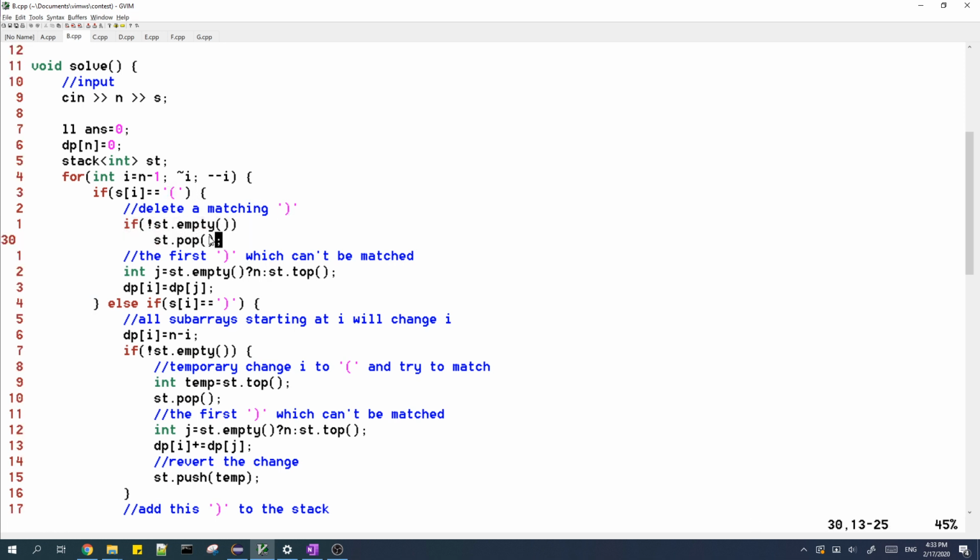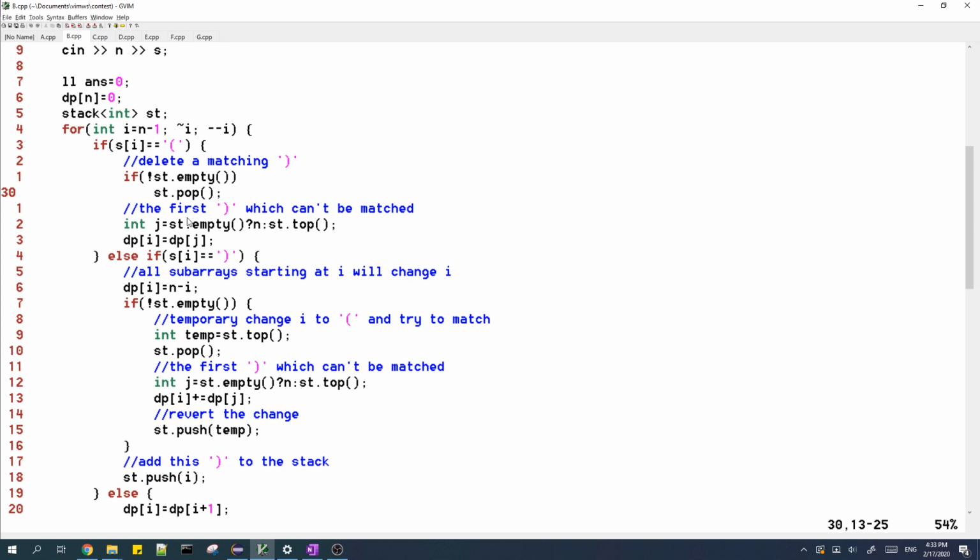So if the stack is not empty, we pop something off the stack, and then we find the first closing parenthesis which cannot be matched. That's j here: if the stack is empty, it's just n, and otherwise it's the top of the stack, since we have stored all of the closing parentheses which aren't matched yet. Looking at the top of the stack gives us the first one which is not matched. Then we set dp of I equal to dp of j.